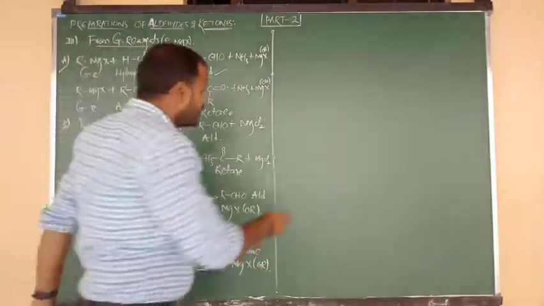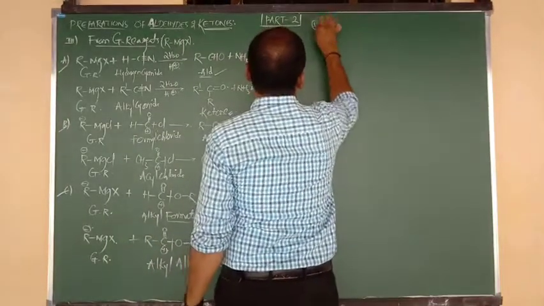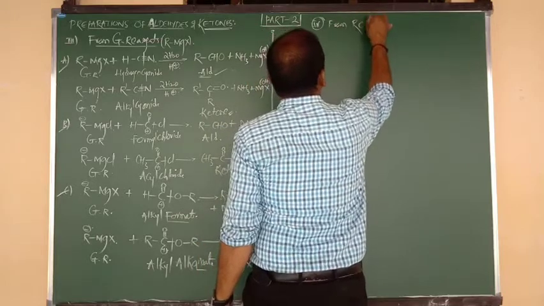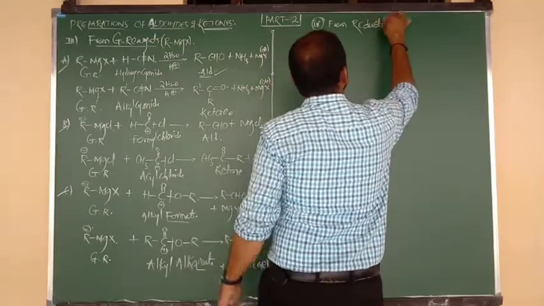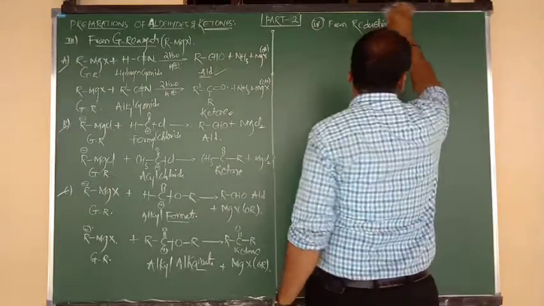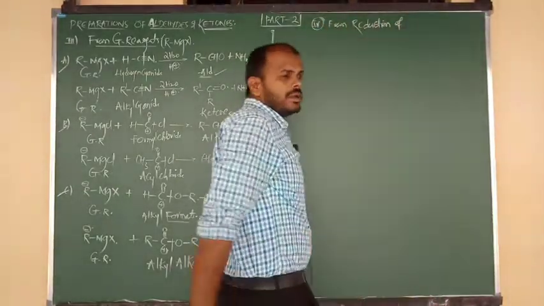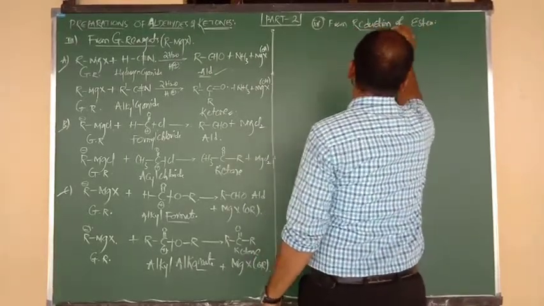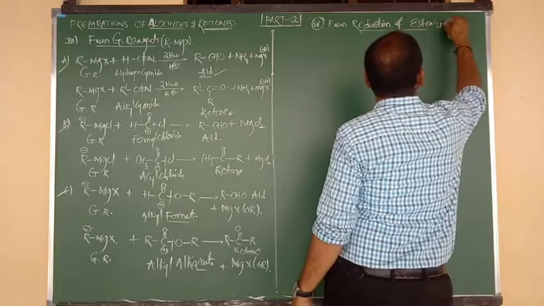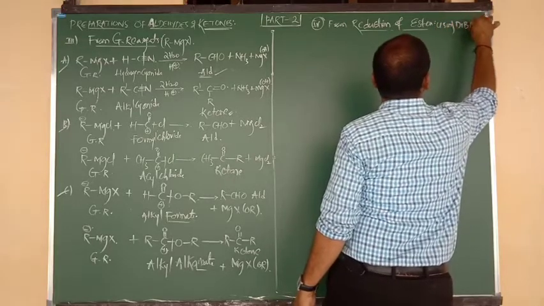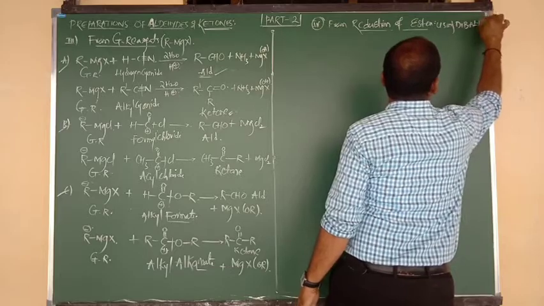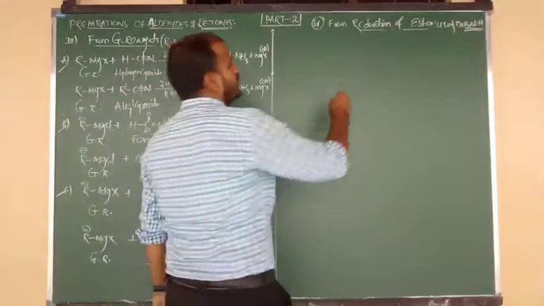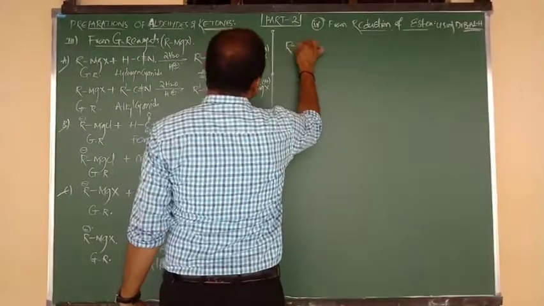From the fourth one, reduction of esters using DIBAL-H, diisobutyl aluminum hydride. Tell me first of all what will be the formula of ester.